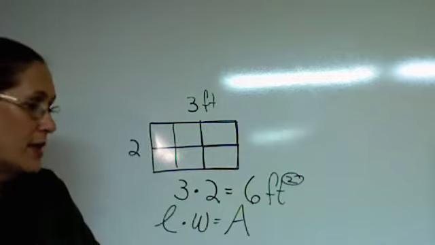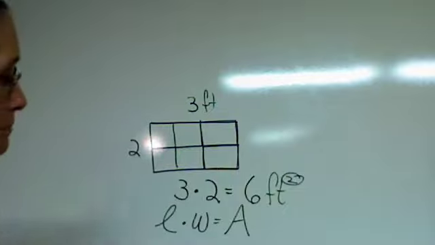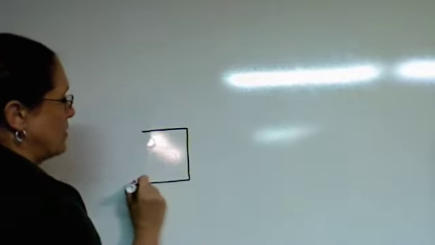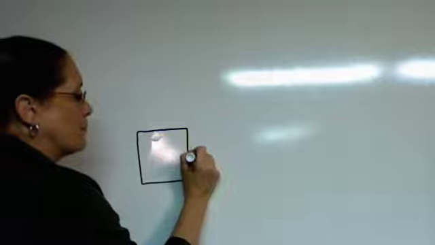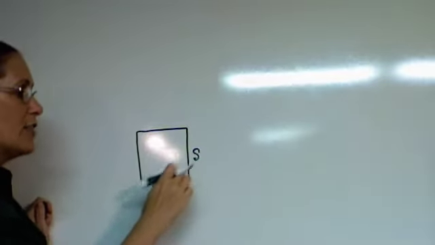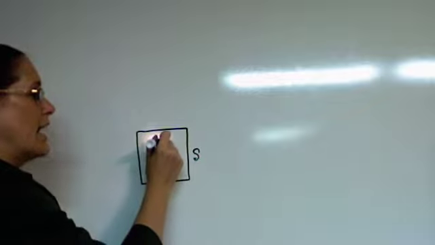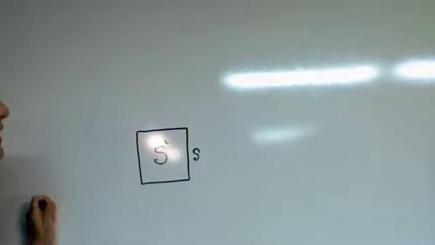Length times width. Same thing with a square. The only difference with a square is that the length is the same as the width. A square has all 4 sides the same length. So if I have length times width, I have side times side, or I have side squared, is how I would find the area of this.